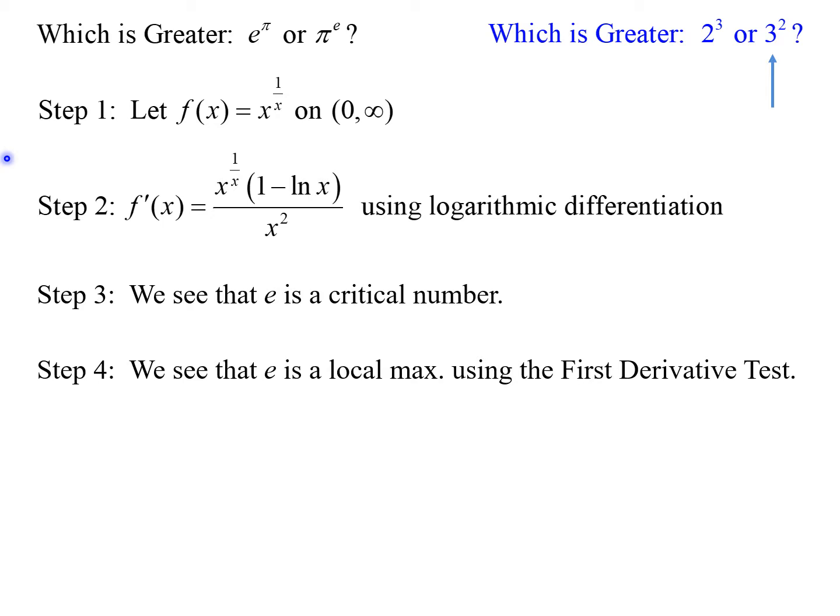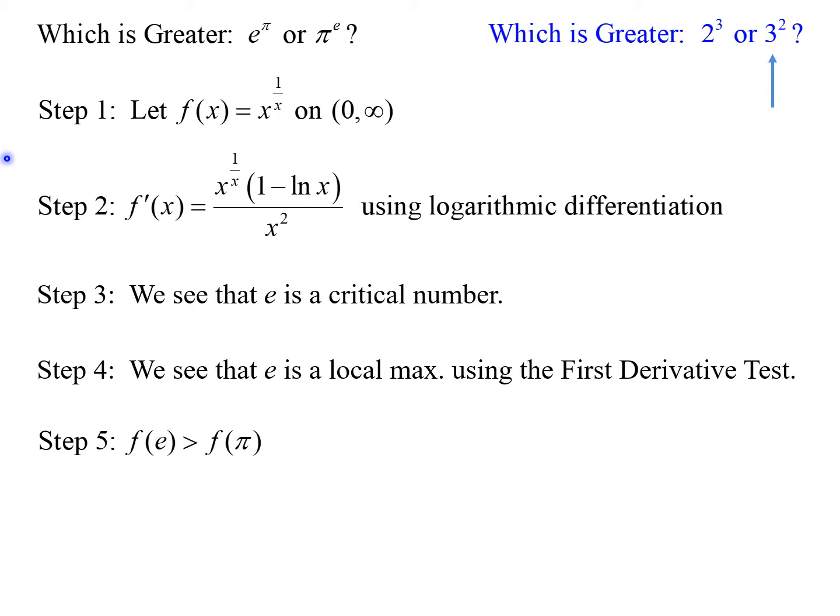Step 5, because e is a local max, that means f of e is going to be greater than any other f of numbers right around e, and in particular f of e is greater than f of pi.